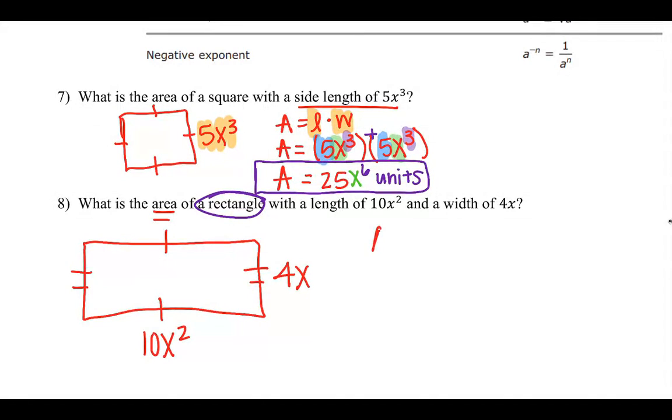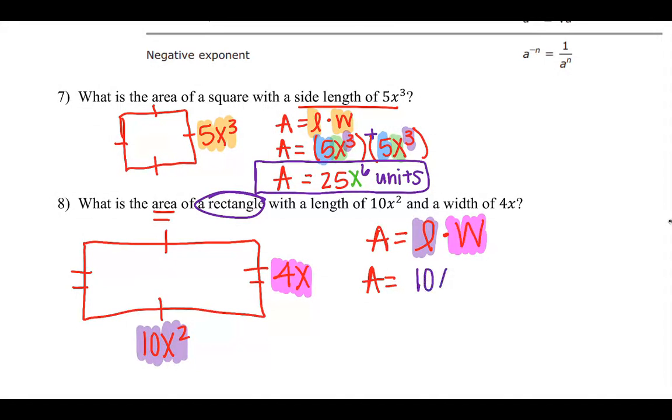I know that area of a rectangle is length times width. So this time, I know that my length is the 10x squared, and I know that my width is 4x. So now I can plug in what I do know: a length of 10x squared times a width of 4x.